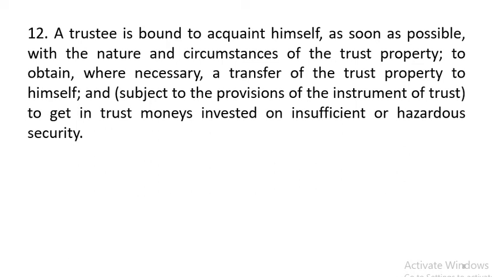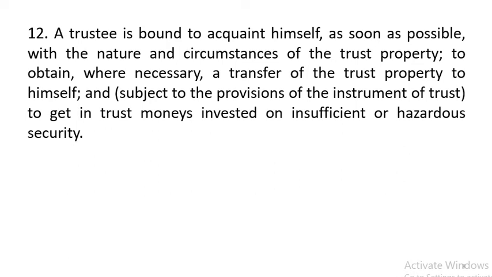In order to do so, he has the first and foremost duties to perform, which are enumerated in section 12 of the Trust Ordinance. A trustee must acquaint himself with the nature and circumstances of the trust property.